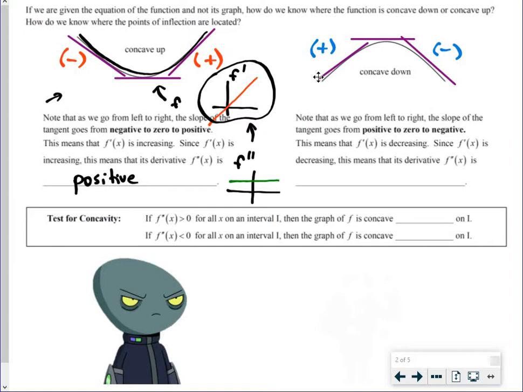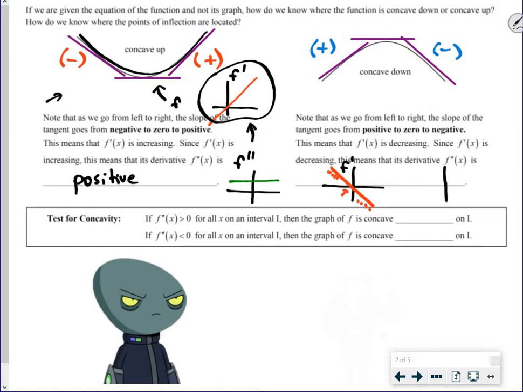And so as we go left to right, yeah, positive slope to 0 slope to negative slope. So if we were to draw f prime, what that would look like is sort of like that, right? So we go positive slope to 0 to negative slope.